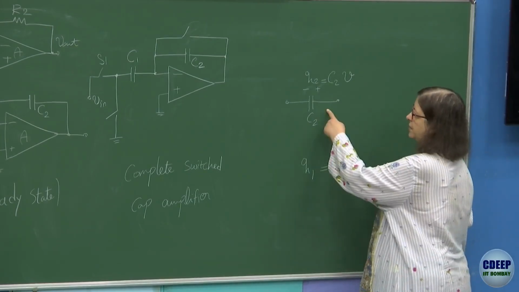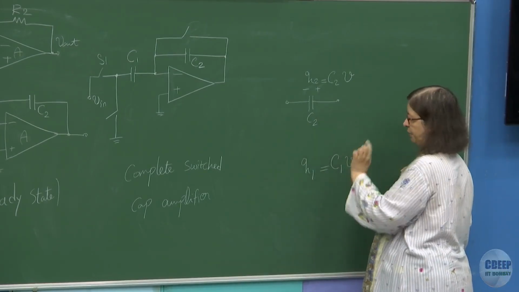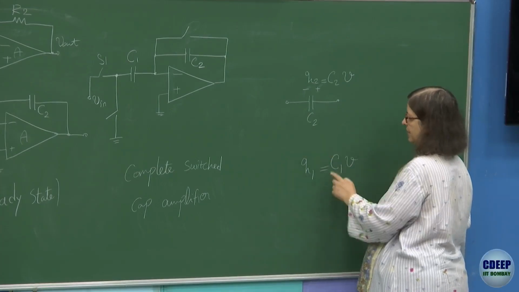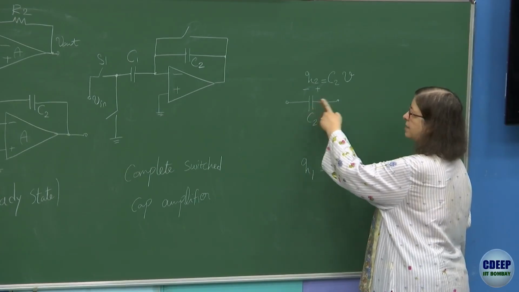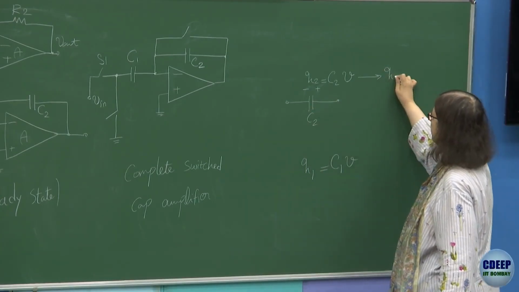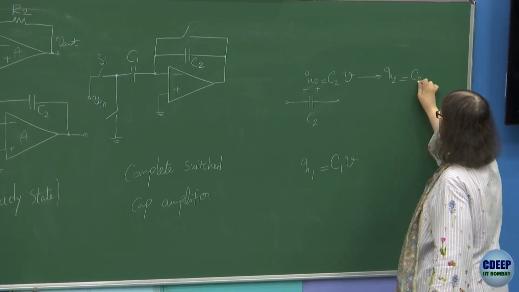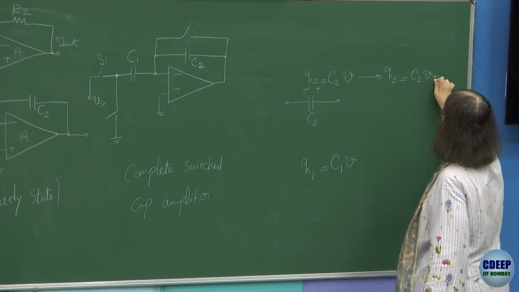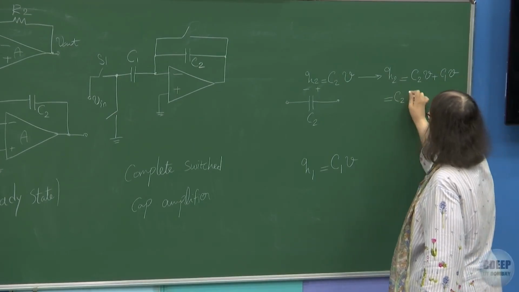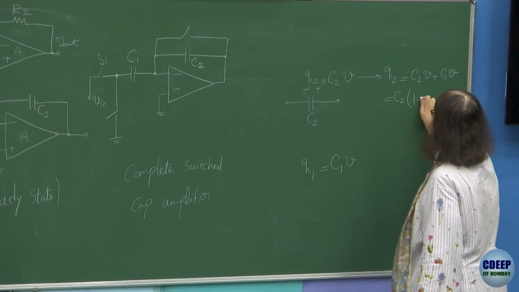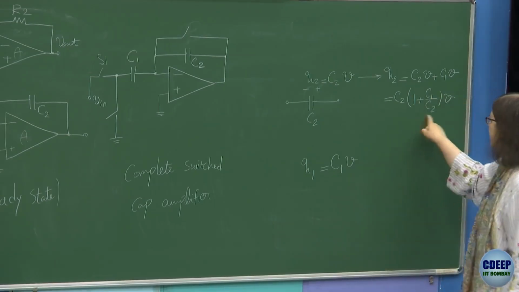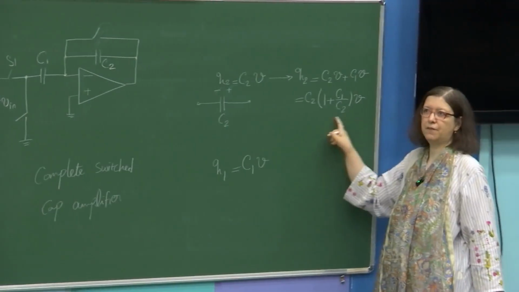We charge this capacitor with C2V, say. And then we discharge this capacitor C1 into C2 in the same direction, so that this new Q becomes, say, C2V plus C1V. So that is equivalent to saying you have 1 plus C1 upon C2 into V. That is your amplification of V.